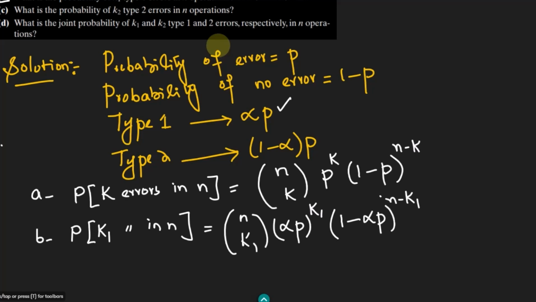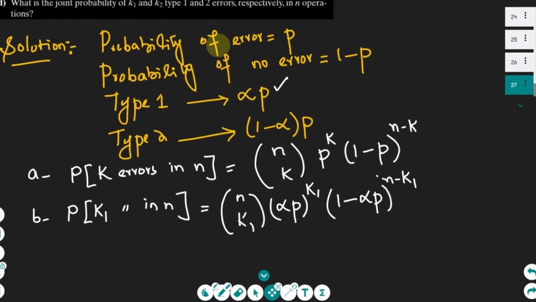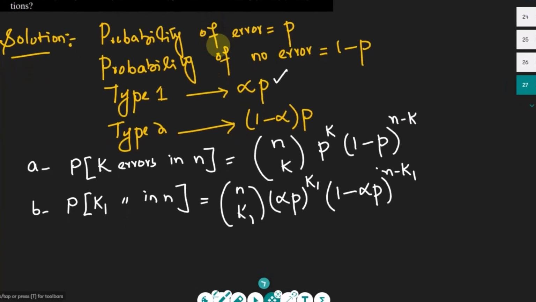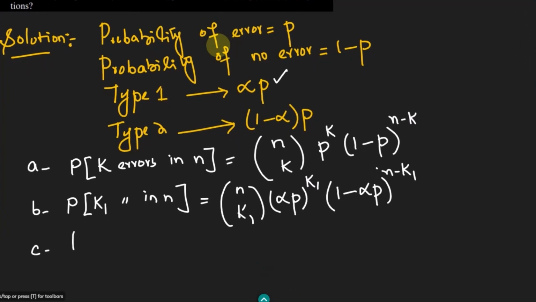Similarly, for part C, we have to find the probability of k2 type 2 errors in n operations. Let me move down further.